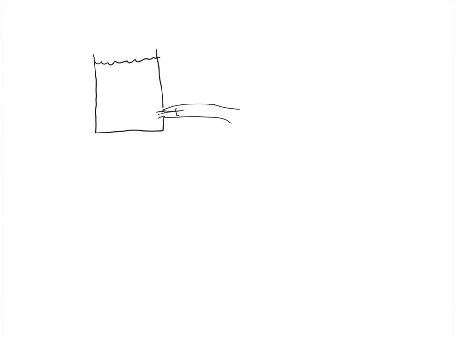So this is liquid gushing out. And let's say that the hole is a distance h below the top surface of this. And the question is, what is the velocity with which the liquid gushes out of the hole?